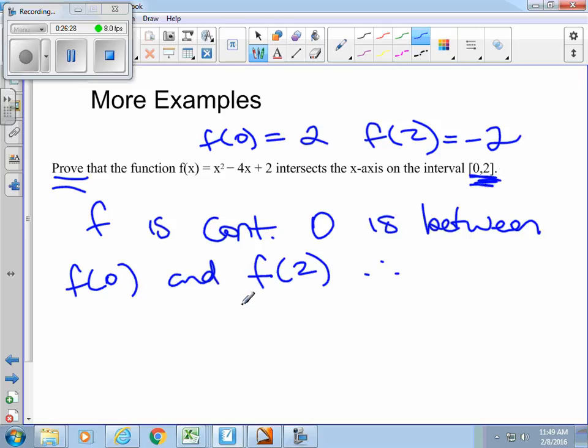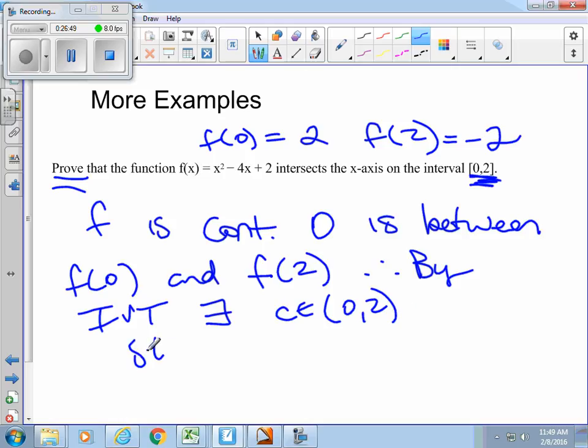I saw that one was negative and one was positive. So therefore, 0 has to be between them, right? By the intermediate value theorem, there is a number c between 0 and 2 such that f of c is 0. Okay, that's how the intermediate value theorem works.